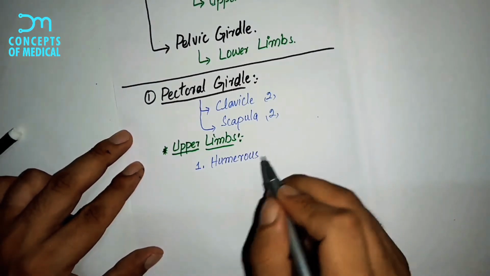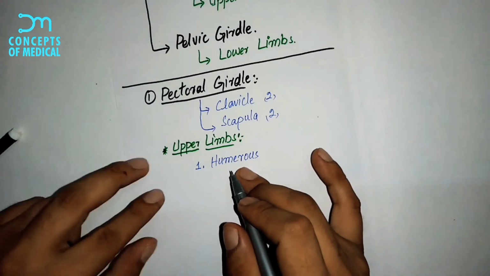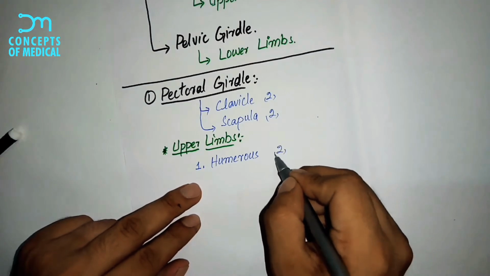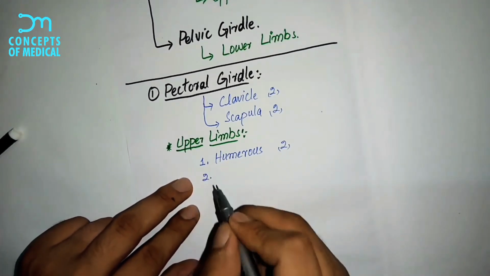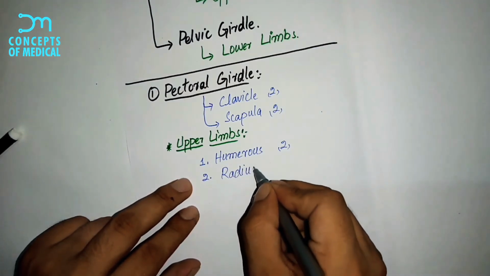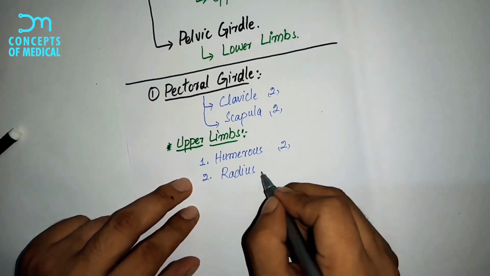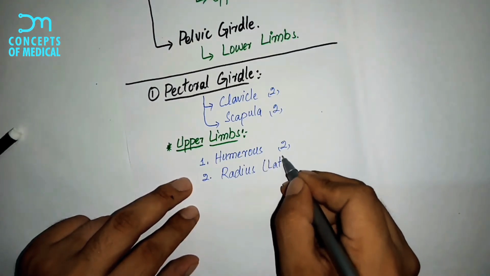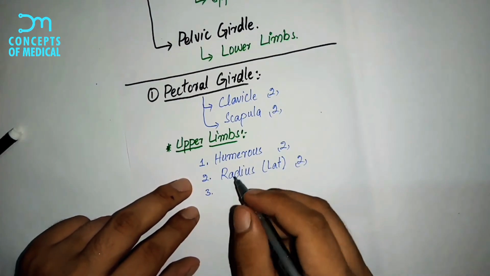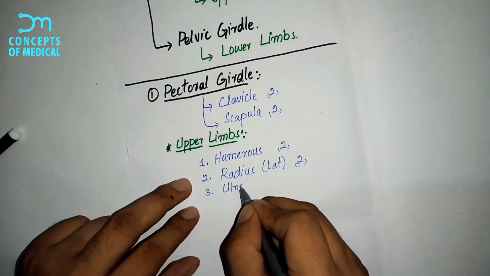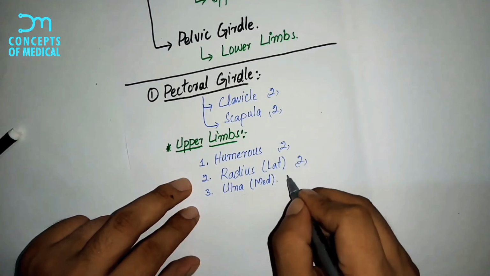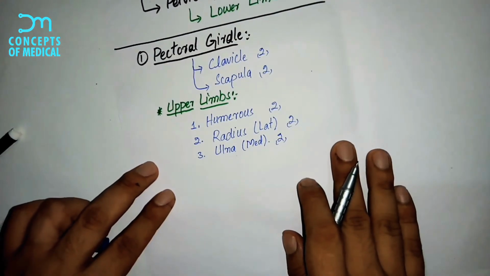The humerus is one in number for one side, but two for both upper limbs. The second bone is the radius, which is the lateral bone of the forearm, also two in number. The third bone is the ulna, which is the medial bone of the forearm, also two in number.